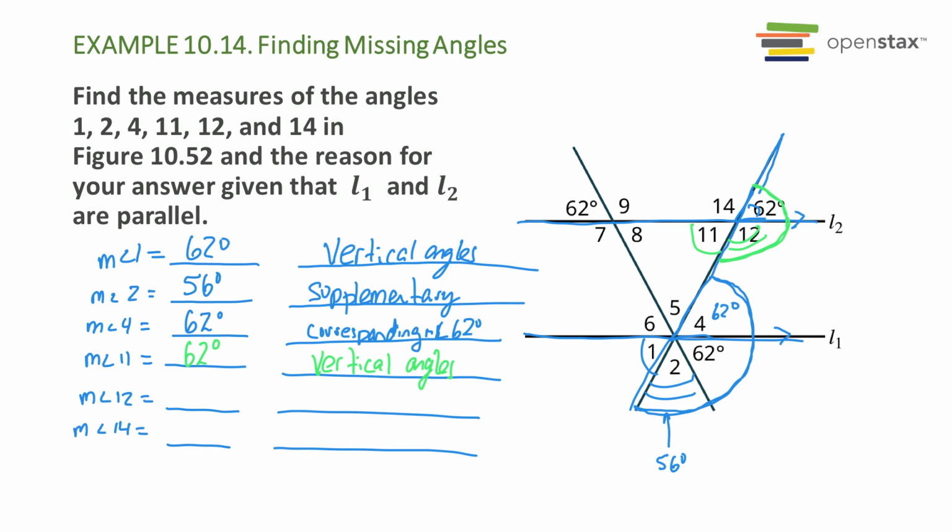If we do 180 minus 62, that gives us 118 degrees. And then finally, we want to know 14. We get 14 for free because if 12 is 118 degrees, angle 14 is vertical to it, so it is also 118 degrees because of vertical angles.